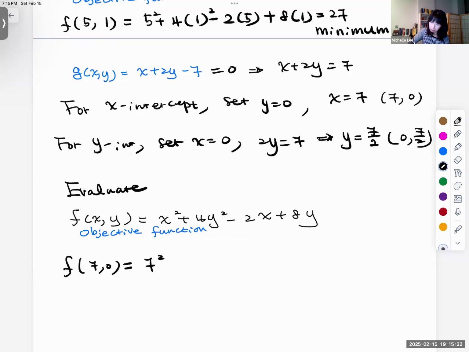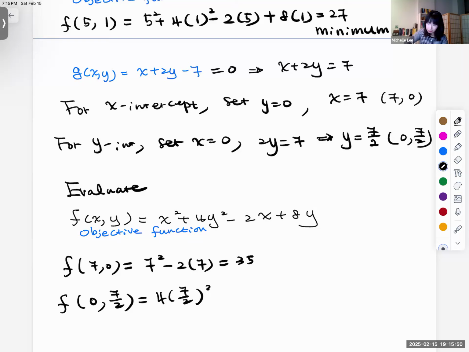Then we have 7 squared plus, locally 0 there, and we have negative 2 times 7, equal to 35. Good. F of (0, 7 over 2) equal to, luckily we have a 0. That's why we picked that x-intercept, y-intercept. So 4 times (7 over 2) squared plus 8 times (7 over 2). What again? 77.